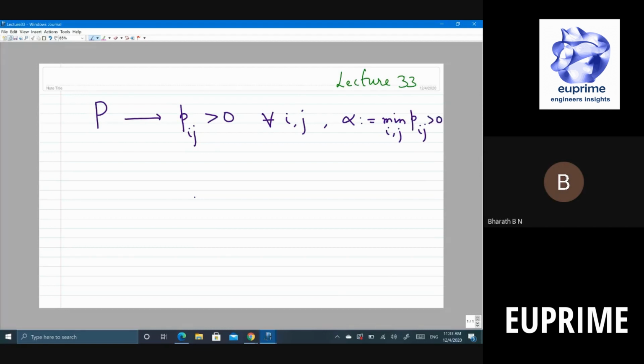Then for all j, and for all n greater than or equal to 1, the following holds.